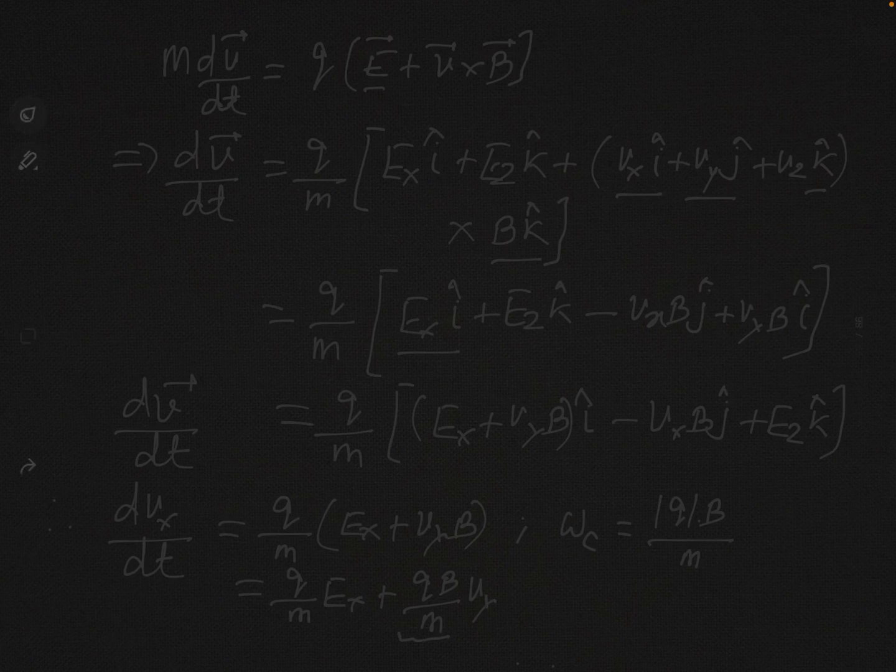And so we can write the first equation of motion in scalar form as dvx by dt equal to qEx by m plus minus omega c into Vy. This is equation 1, the first equation of motion in scalar form.